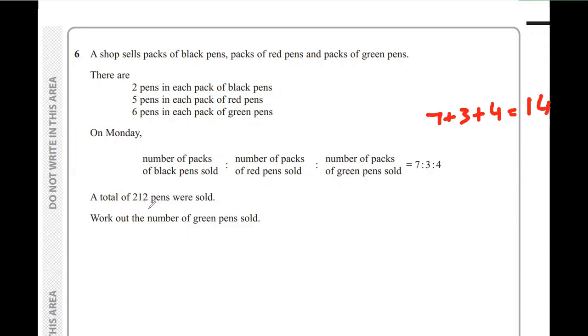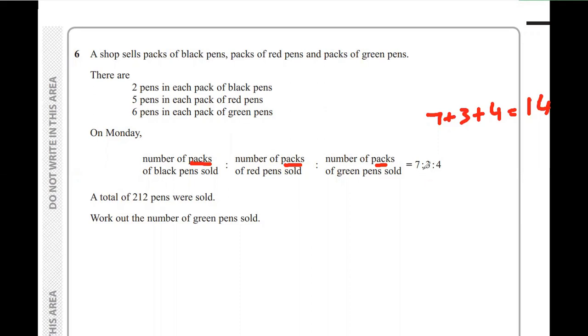But 212 cannot be divided exactly by 14. What's the reason? At the moment the ratio is about packs, and the final piece of information, 212, is pens. That's not packs.